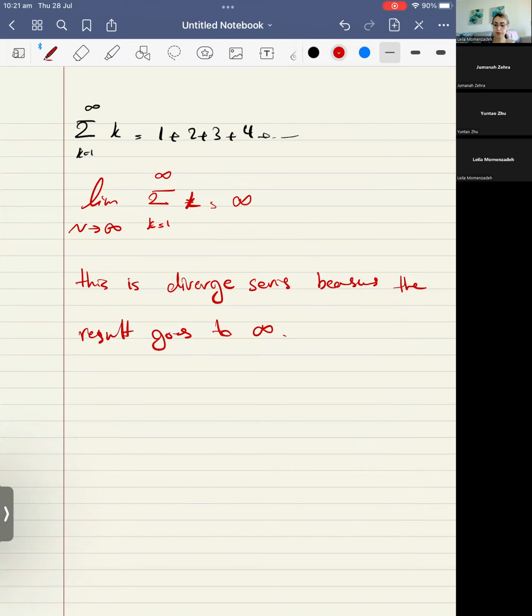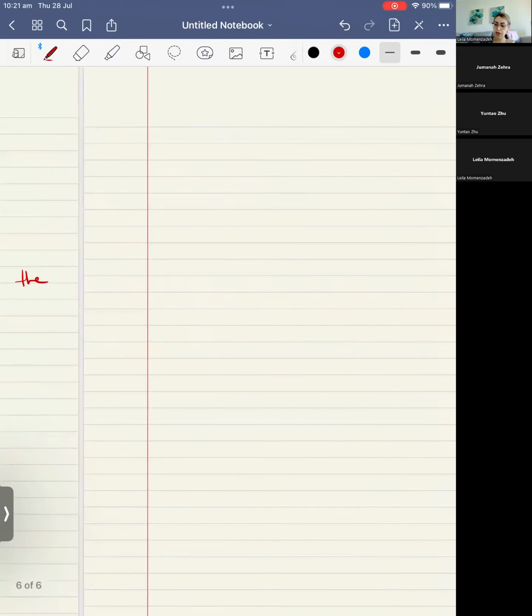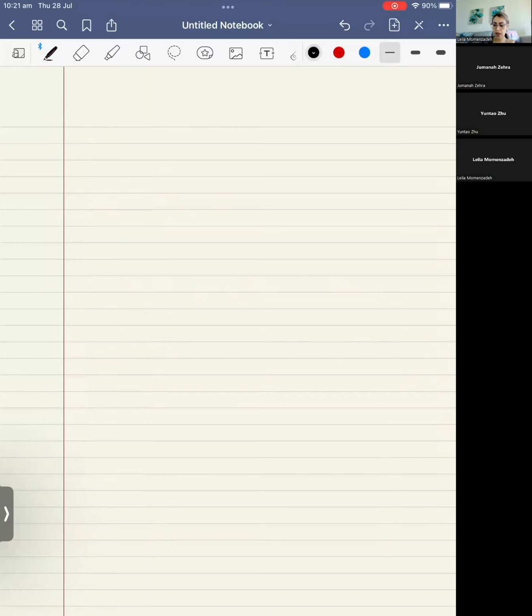Now we want to check how do we figure out if a series converges or diverges.